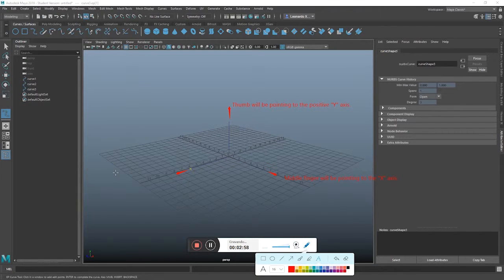Here, the forefinger will be pointing to the z-axis.